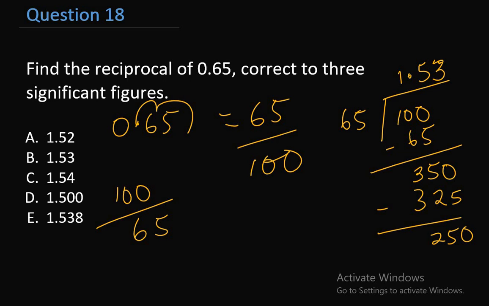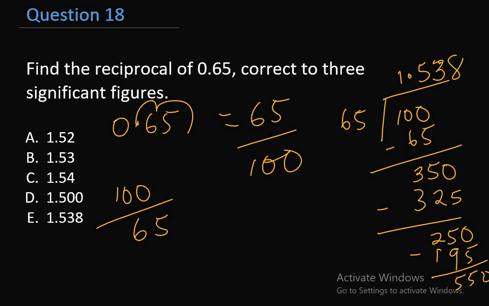So 65 times 3 will give us 195. So 250 minus 195 will give me 55. 65 into 55 can't go, add 0. 550 divided by 65 will give me about 8.